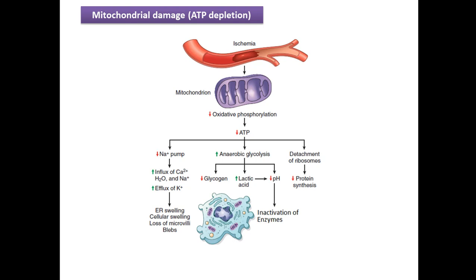Now what happens when the mitochondria are deprived of its blood supply? When there is no oxygen, there will be deficient oxidative phosphorylation and deficient production of the ATP.